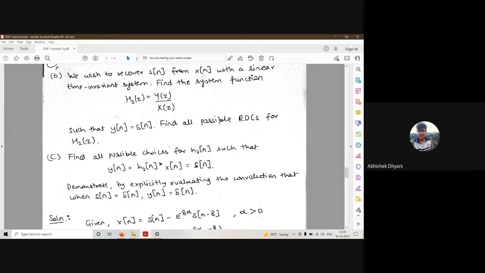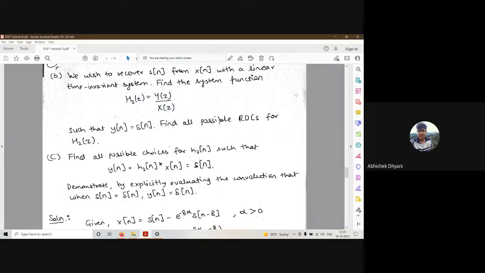Now we have to recover s of n back with a linear time invariant system, so we have to find the system function H2(z) such that we get the output Y(z), which will actually be s of n. And then we also have to find all the possible regions of convergence for this H2(z).